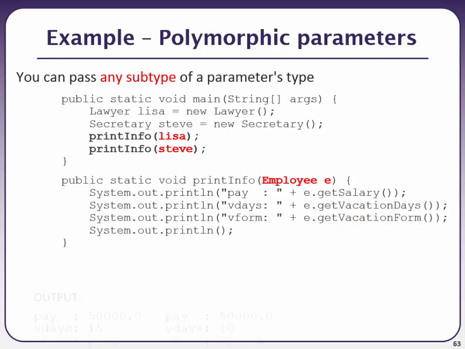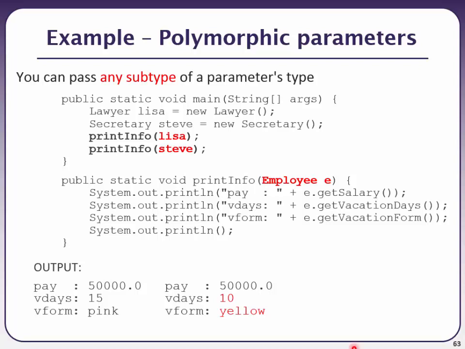So again, works as expected. So if we are displaying here some information like this for different objects, well, for Lisa, for example, here's the pay, here's the vacation days, the color of the vacation form, and you can see that for Steve there are going to be different values displayed, values that are proper to a secretary as compared to a lawyer. So different number of vacation days, different color of vacation form, but all of this happened with the same method.